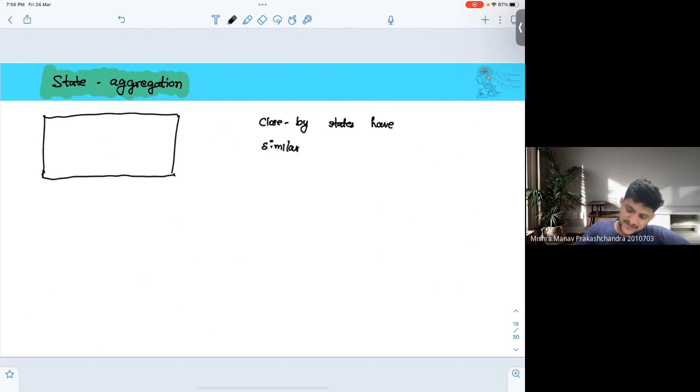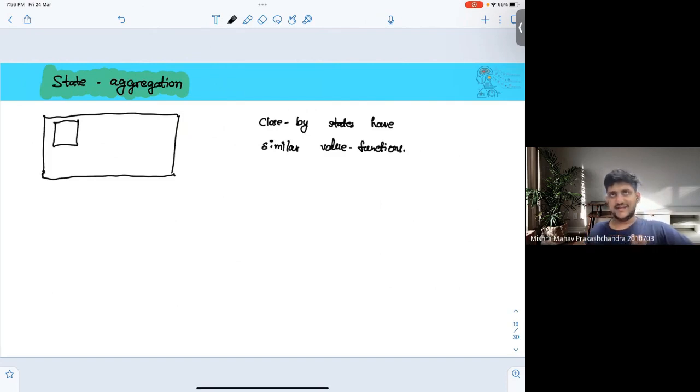In a way, you're trying to reduce the number of states that you have. So the heuristic is that close by states have a similar value function. That means you're clubbing a state and its neighboring states, and saying that this can be represented by one singular value function. So I club this particular state and say all these states inside have the same value function.